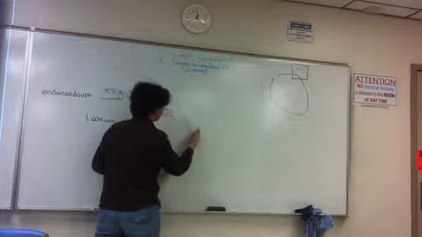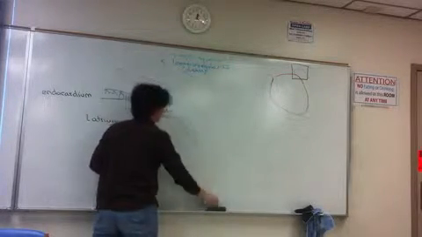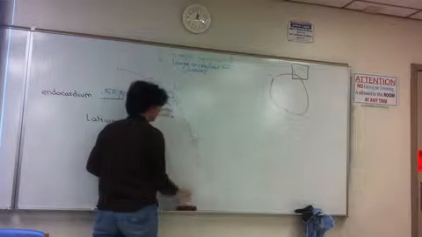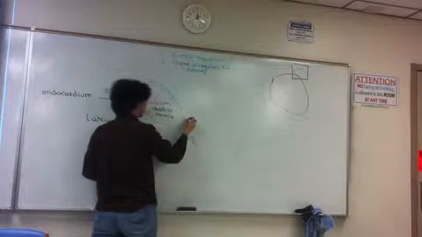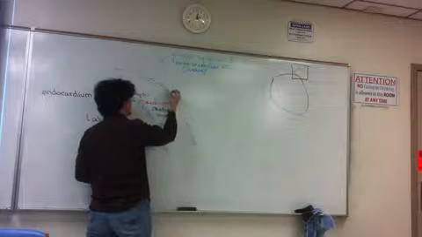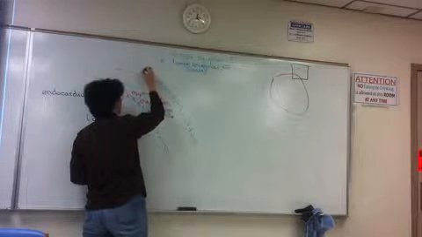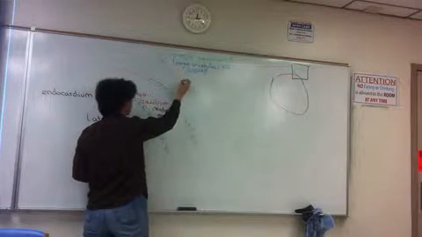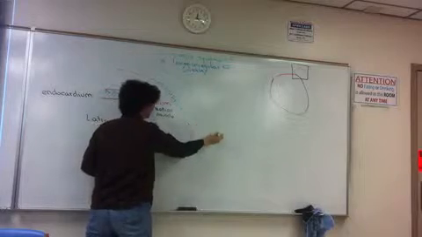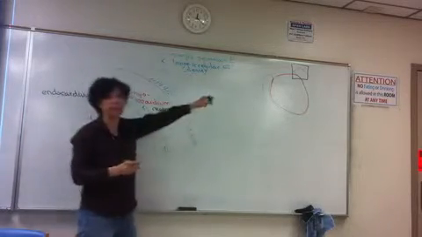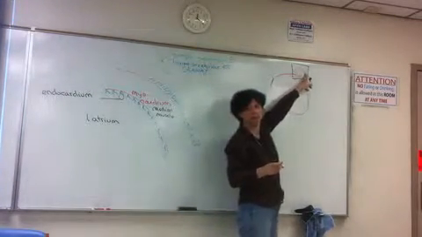The surface is simple squamous. Whoops, dotted line here. Sorry. Simple squamous epithelium. And then that is reflected off, forming the pericardial cavity. So just what I drew up here.